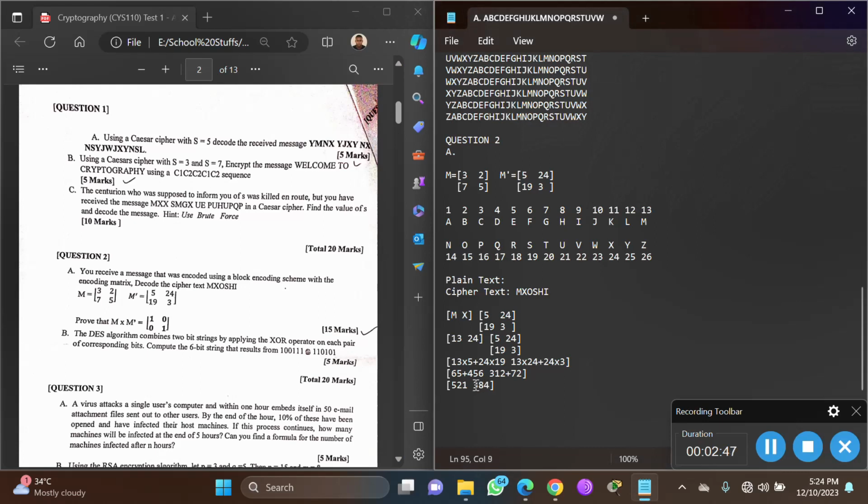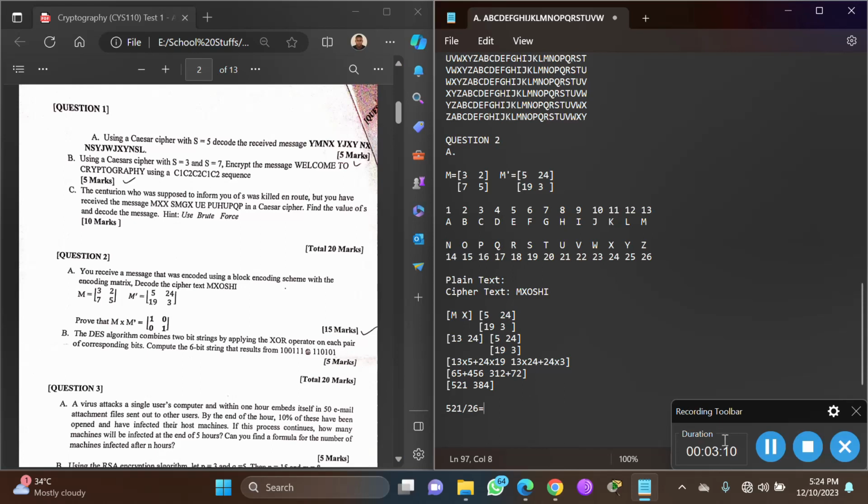So now that we have done finding the matrix for this, you can see that our alphabet ends at 26 and these numbers are too big. So we need to find the modulus for this, or to wrap them around. So what we do is that we have 521. We will divide by 26 to find the modulus.